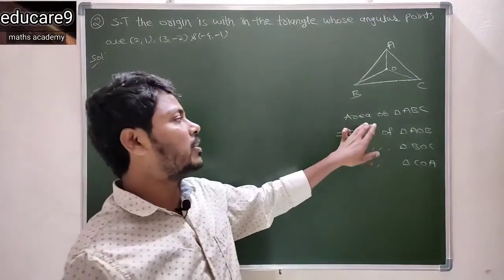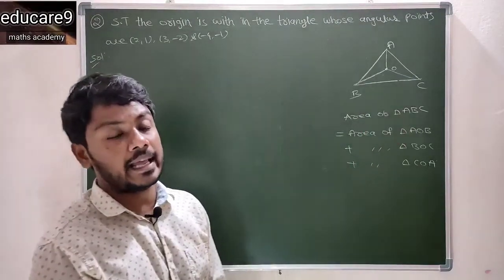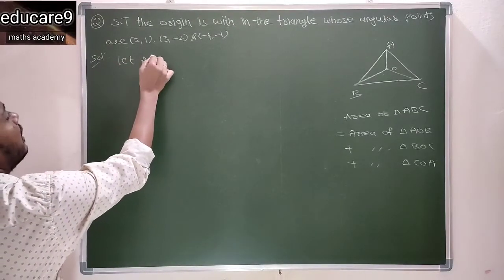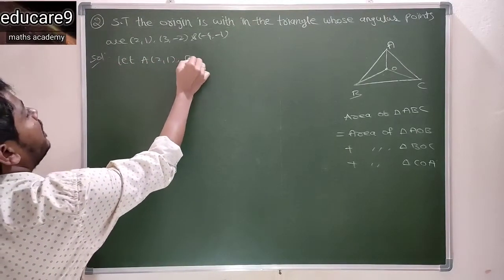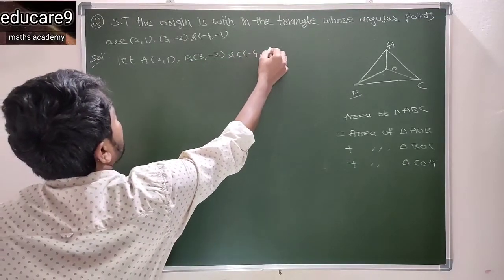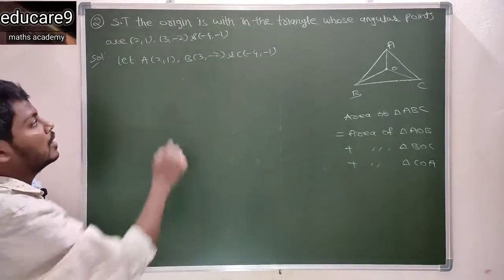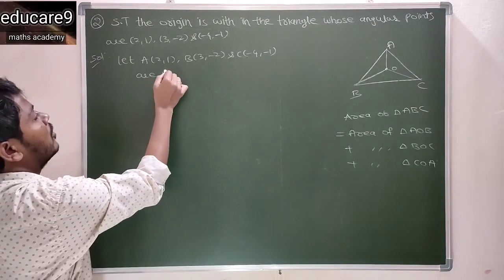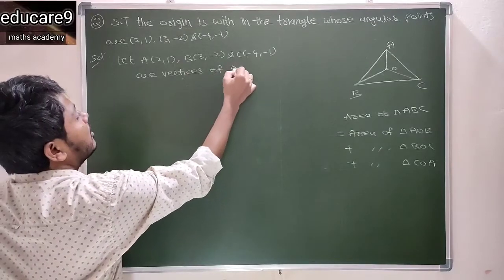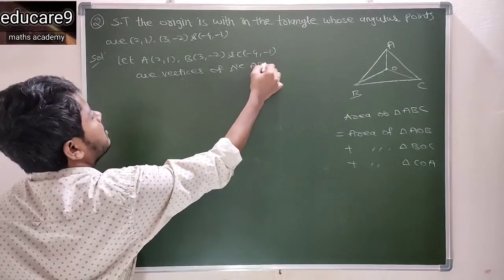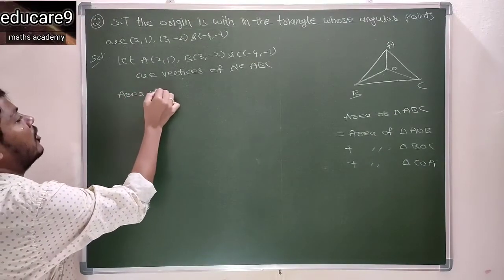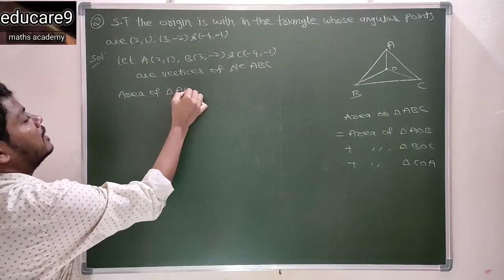So for that you need to find the area of the triangle ABC. So see here, let A (2, 1), B (3, -2) and C (-4, -1) be the vertices of triangle ABC. Now find area.